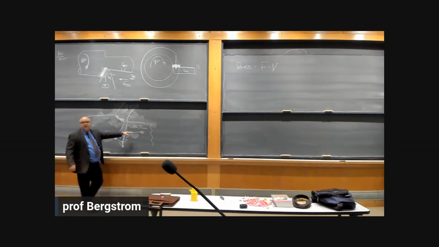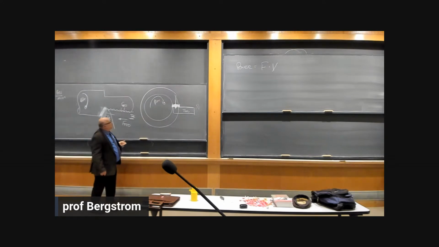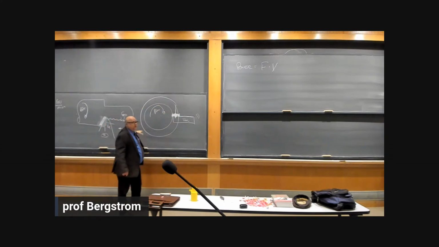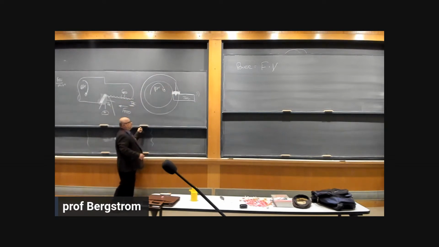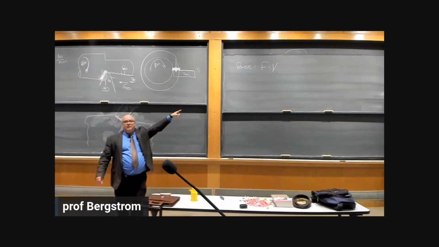But we do know this velocity, right? Because this velocity equals revolutions, or distance per revolution, equals pi d with the n in there, right? We know what that surface speed equals. And we know that power equals force times velocity.